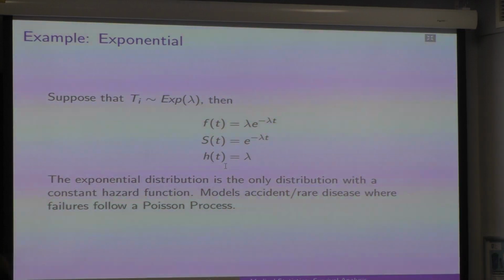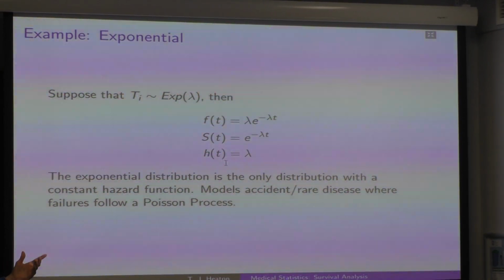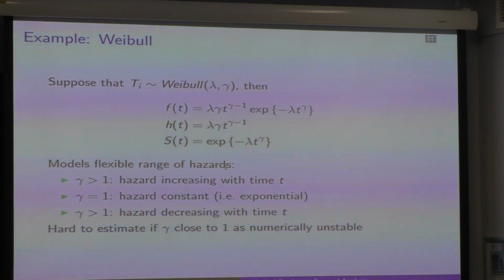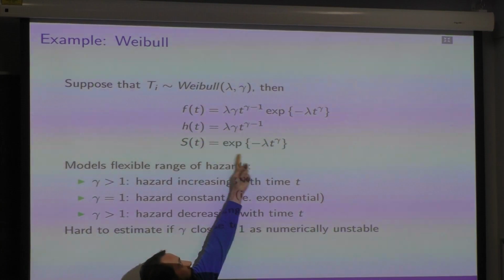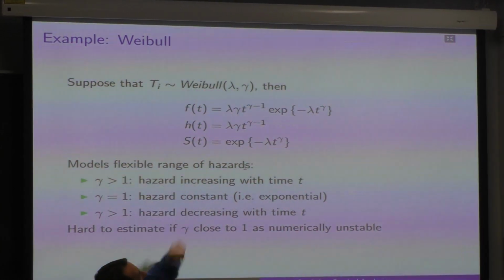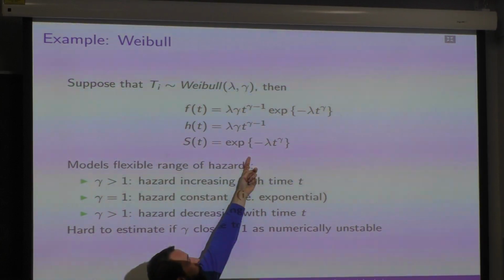So you'd plot your Kaplan-Meier estimate and ask, does that look a bit like e to the minus lambda t for some lambda? I might choose, therefore, to model with an exponential distribution. For a Weibull, it's a bit more complicated to identify, but if you were going to model something with a Weibull distribution and you plotted the Kaplan-Meier estimate, it would look more like this.